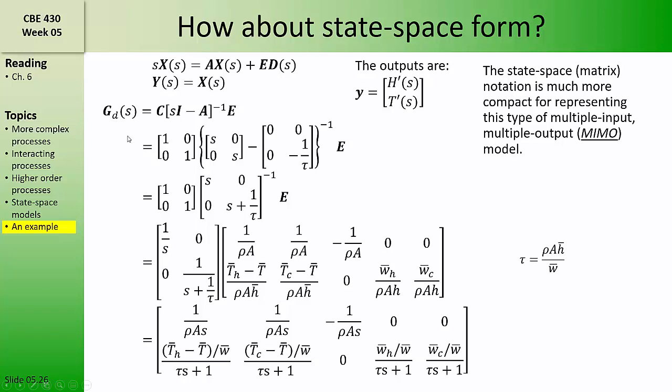For example, the transfer function matrix GD can be found using this equation, and the result is consistent with what we found before. The matrix of transfer functions relating the manipulated variables to the output variables y can also be found using a similar equation, replacing the matrix E here with the matrix B. Our model had no manipulated variables, so we don't need to find those transfer functions.